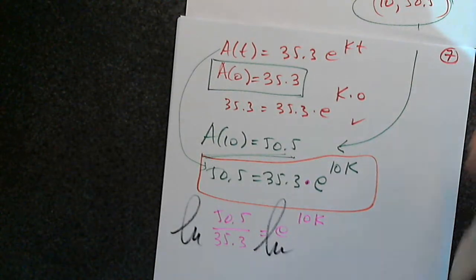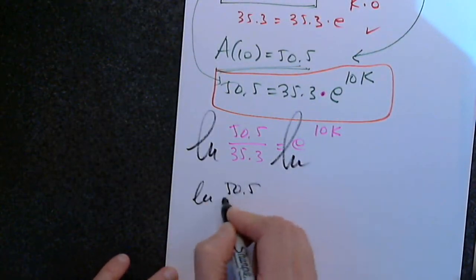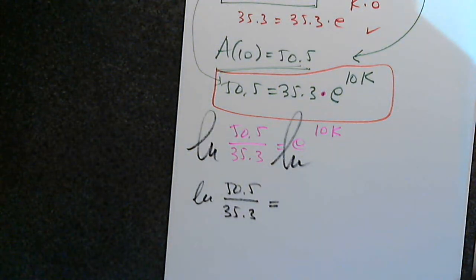Perfect. The left-hand side is natural log of 50.5 divided by 35.3. Do not calculate anything. But now, let's see what we have on the right-hand side. Can anyone help with the right-hand side? Property number 3 of logs. Do you move both the 10 and the k to the front, or just the 10?